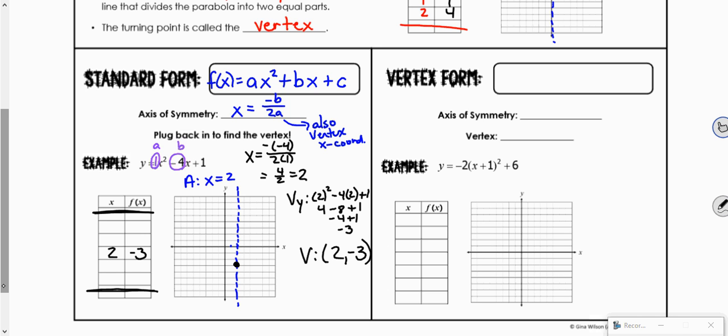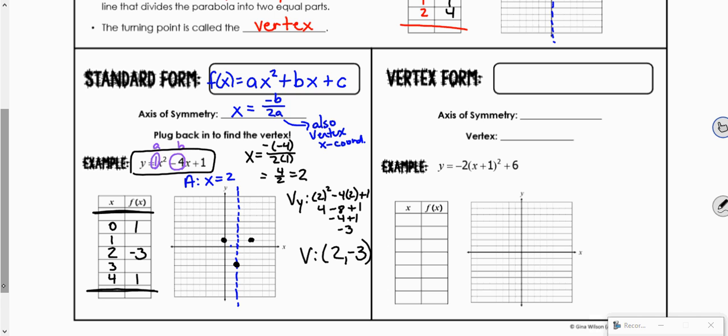Okay, now let's go up from there, 3, 4, and down from there, 1, 0. If I plug a 0 back into my original equation, that's what I'm talking about, the original equation, 0 squared minus 4 times 0, everything 0, plus 1 is 1. So 0, 1 is a point. Well, if I plug 4 in, these should be mirror images. I should also get 1.